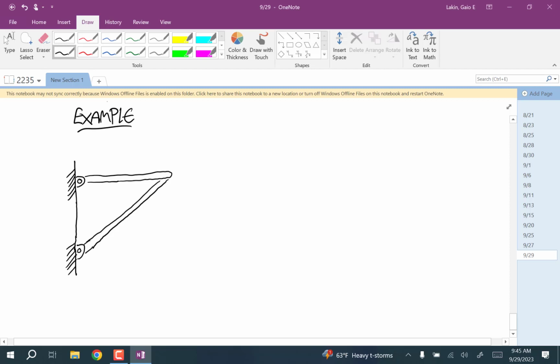So I'll call this 1 meter, 0.8 meters, and 0.6 meters. And let's apply an external force here of 1,000 newtons.